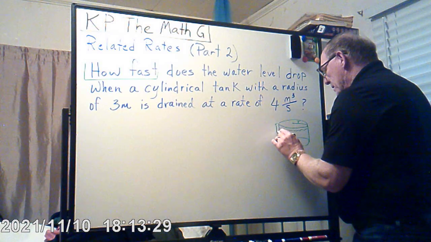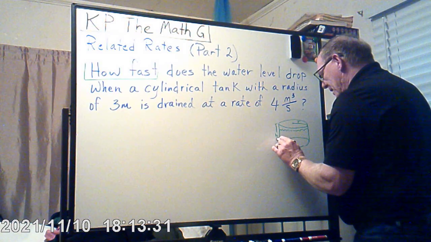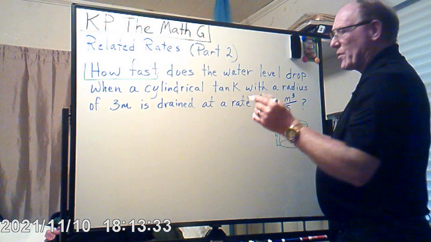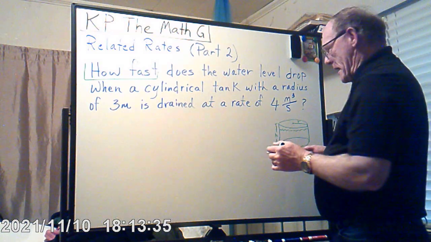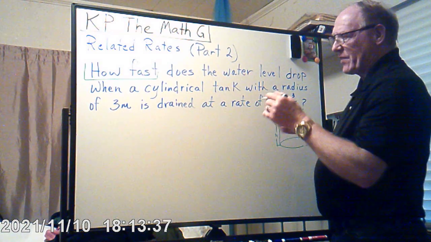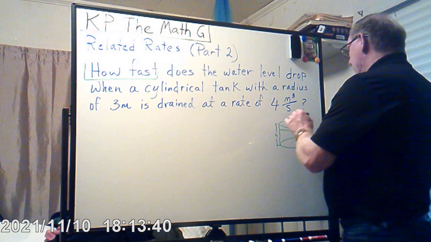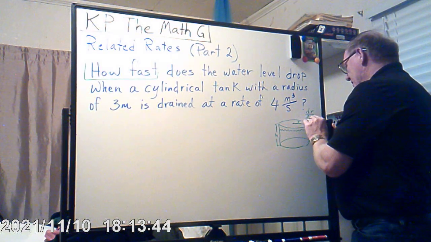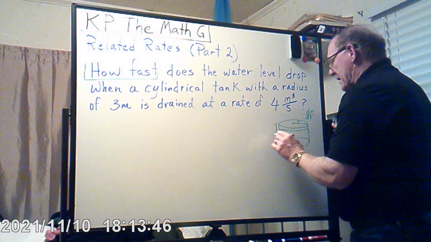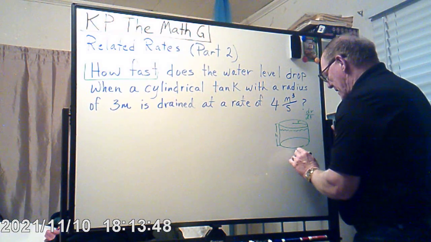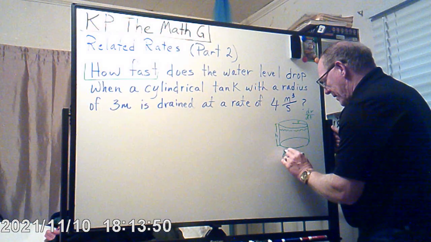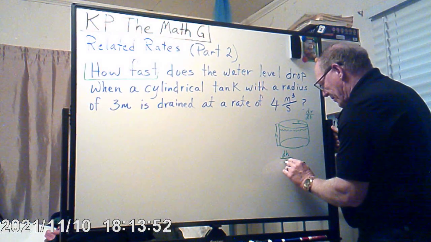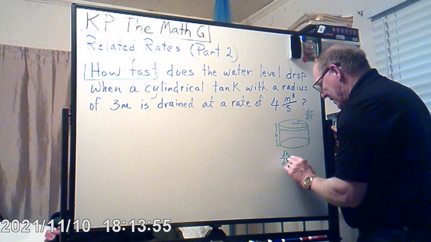Okay, so when you have things like this, you also have the rate of change of each one of them. That is, in this case, you would have something like dr over dt, and in this case, dh over dt.